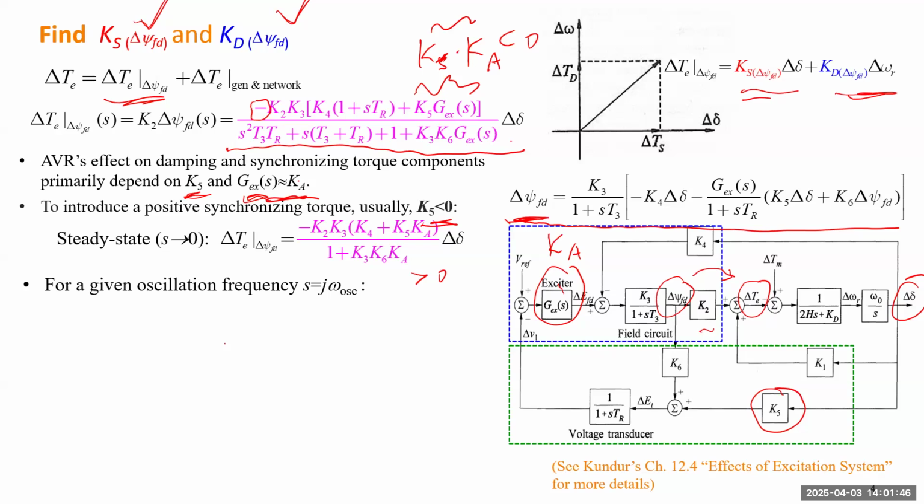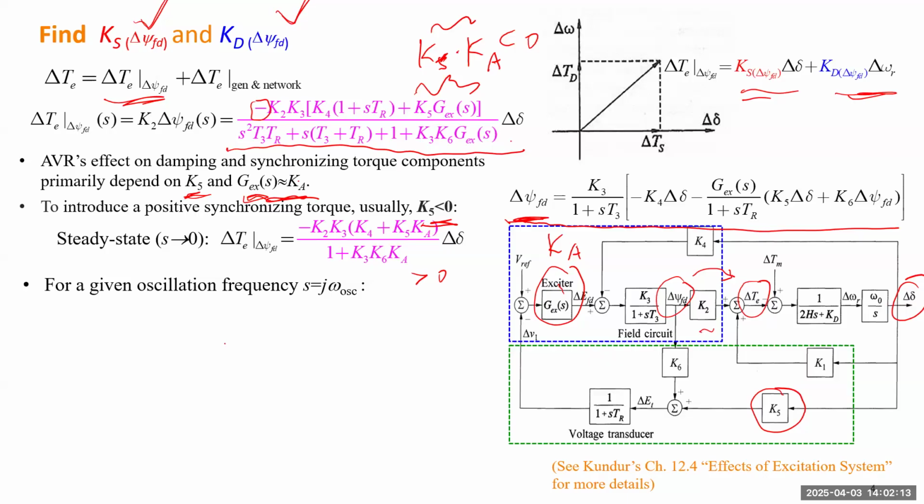If we have negative K5, we can make the synchronizing torque positive, which means that if the disturbance is not too large, it will stay around the equilibrium, because near the equilibrium you have the force driving the generator back to the equilibrium. That addresses the synchronizing torque, but we haven't answered the damping torque.